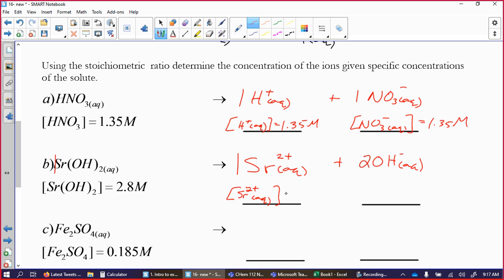If that concentration is 2.8, this concentration is 2.8. But the hydroxide ion concentration: if I put 1 strontium hydroxide, I get 2 hydroxides. If I put 2, we get 4. So if there's 2.8 of this, we get 5.6 moles per liter because we get twice as much hydroxide.